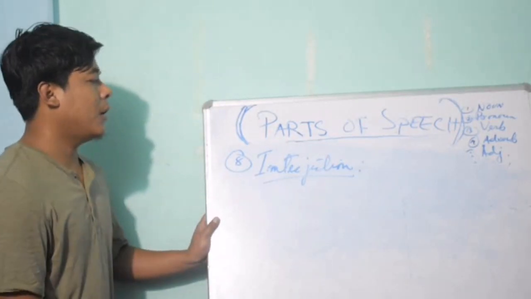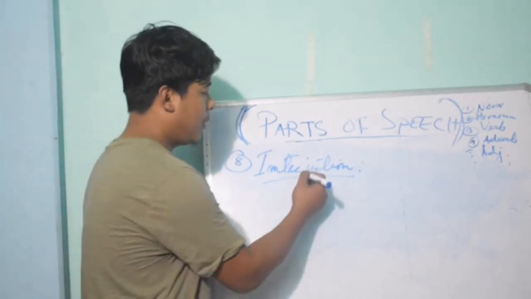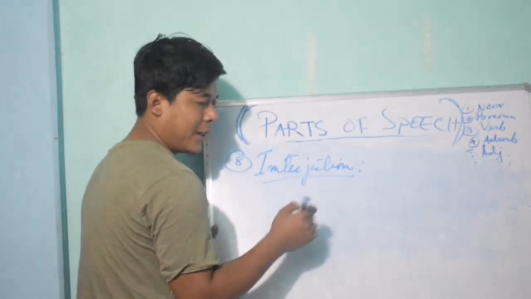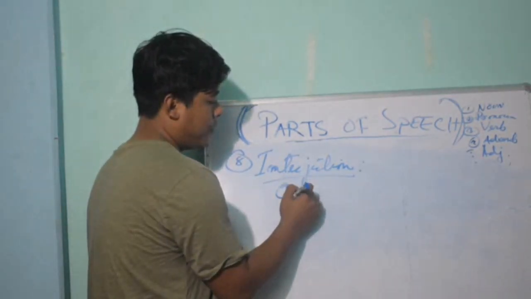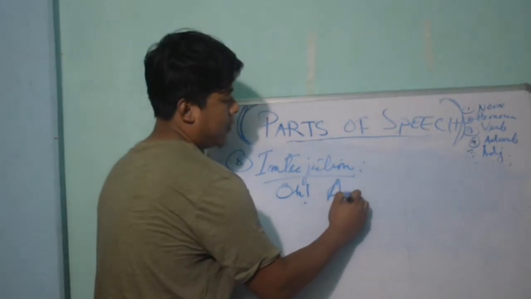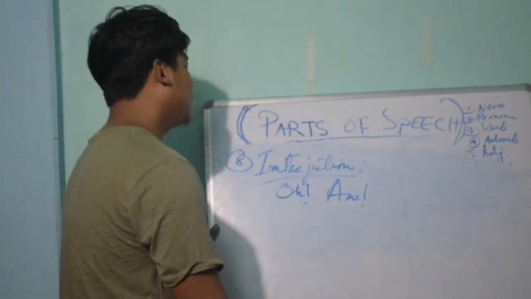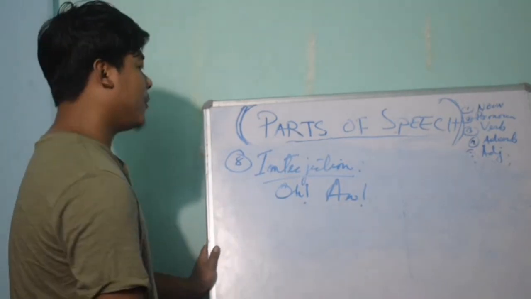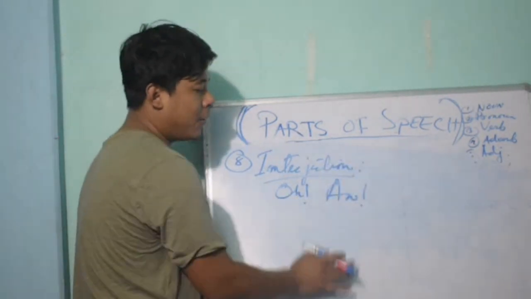So words such as oh, or these are all exclamations, therefore they have an exclamation mark.